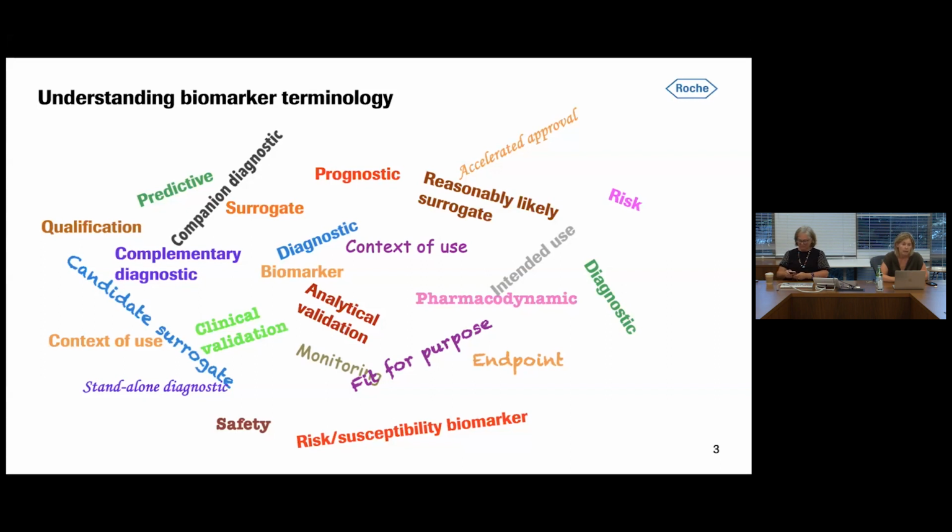The guidance we like to give is to be as specific as possible when you talk about biomarkers. Don't just talk about a biomarker, but really talk about what type of biomarker, what the intended use is, and what the impact of that biomarker is. That's a key takeaway from this course. We're going to really explain what the different terminology means.